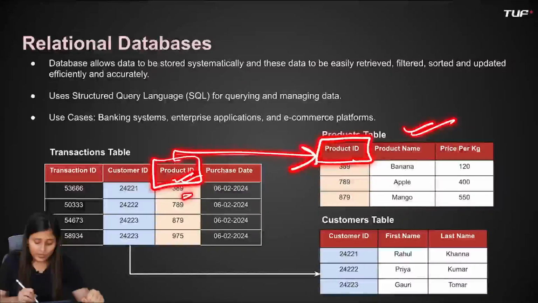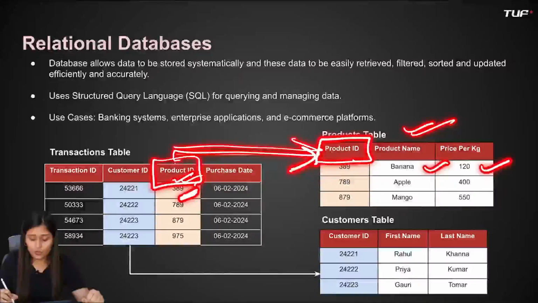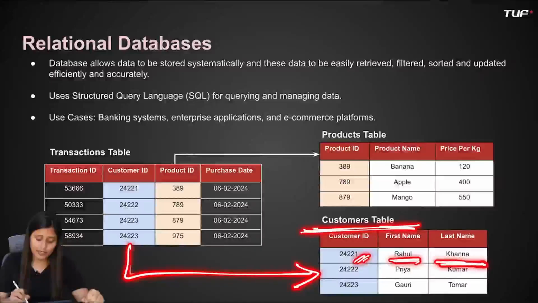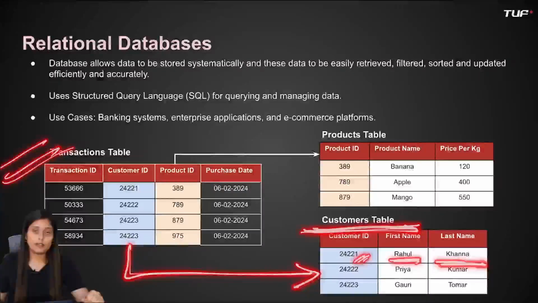And if we want to know for 389 what is the product name and what is the price, then with this product ID we can go to the product table and fetch that data. Similarly, customer ID is there in the customer table, and that is unique. With the customer ID we can fetch the first name and last name from the customer table to the transaction table.